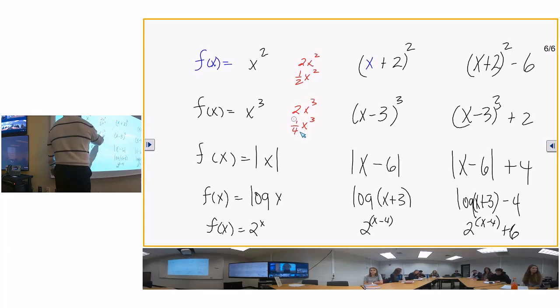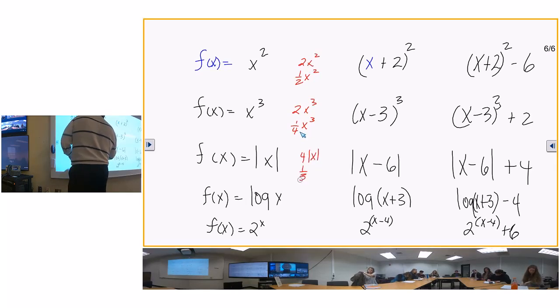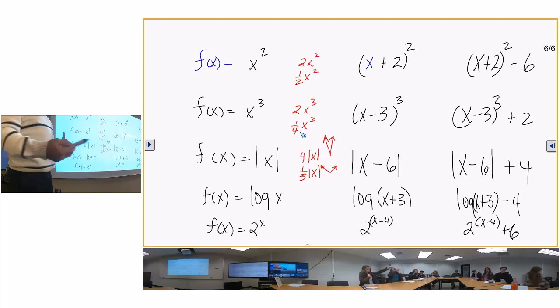Okay, you need to watch and see what this does, I'm just trying to knock some cobwebs loose. Here, 4 absolute value of x and 1/3 absolute value of x. This one's going to make it skinnier. This one's going to make it what? We're going to make it wider. All of these are going to make it skinnier and wider.